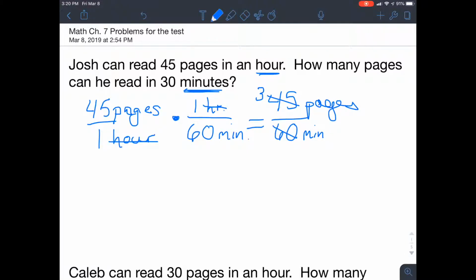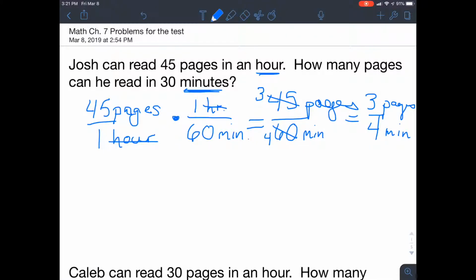And 60 divided by 15, well, that's 4. So my answer here is going to be 3 over 4, or 3 pages in 4 minutes. So it takes me 4 minutes to read every 3 pages, or I can read 3 pages in 4 minutes. You can think about it either way.